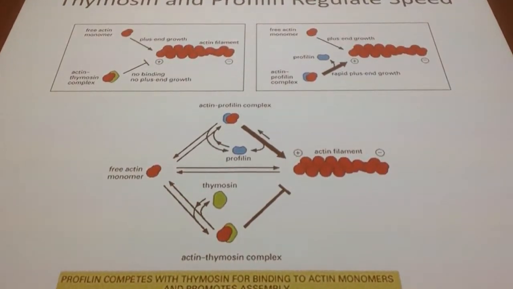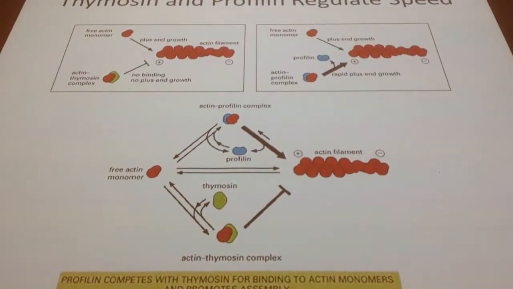Profilin is not an enzyme, by the way, so don't say that profilin is an enzyme that increases the rate. It's just a binding protein, but by binding to the ATP-bound G-actin, it immediately causes a conformational change, which increases the affinity of the G-actin to the existing microfilament on the plus end. So again, profilin can bind to an ATP-bound G-actin to increase the rate of assembly.